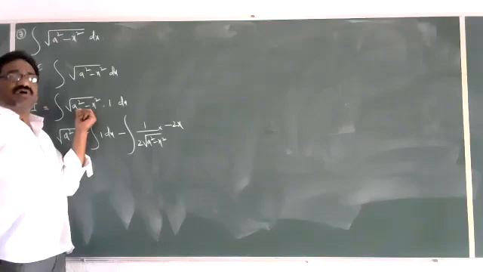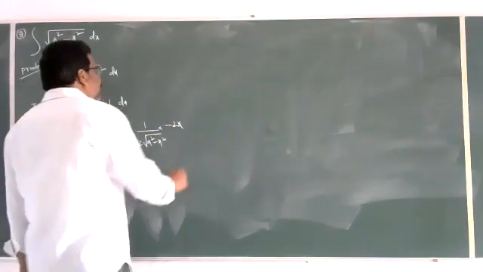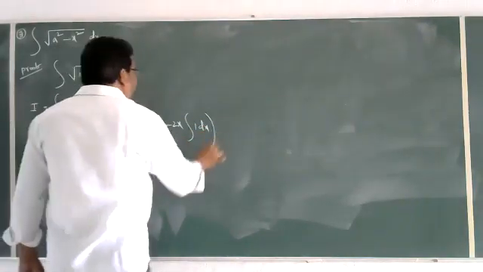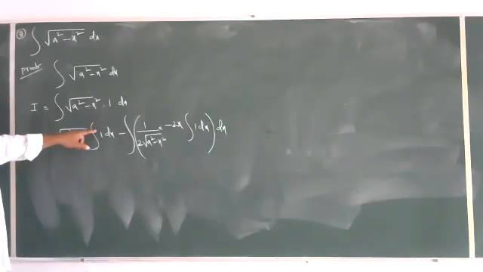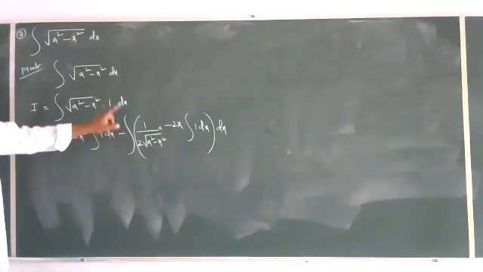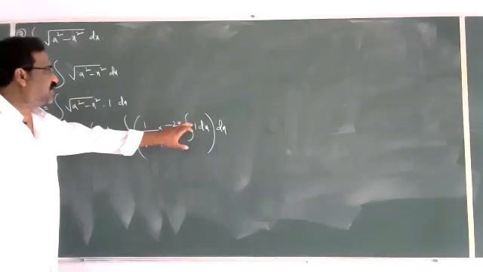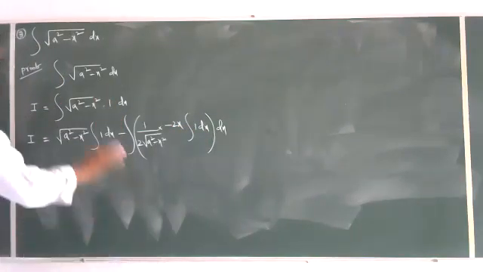So the derivative of a square is 0, minus x square derivative is minus 2x, into integration of 1 dx for whole dx. This is the formula.